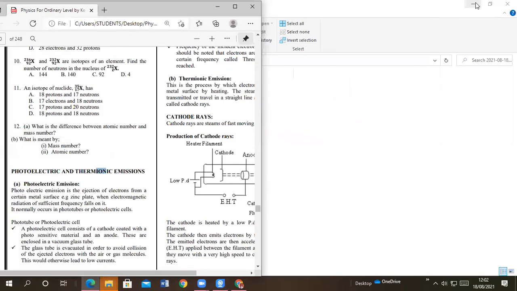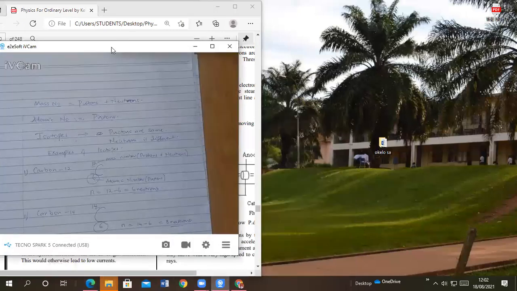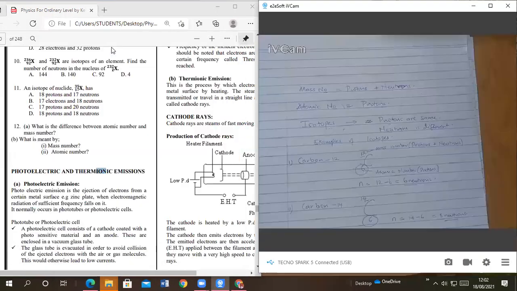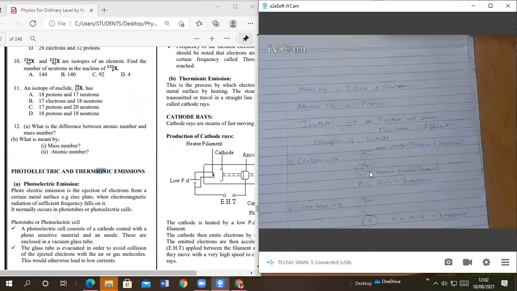So shall we view these two things together, so that you get to know. Let me fix the camera.